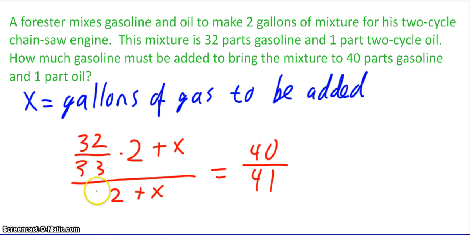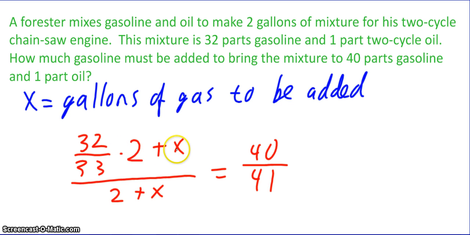So how do I set this up? Well, I know I want to get 40 parts out of 41, because I'm going to have 41 total parts since I have 40 parts gasoline and 1 part oil. So I want 40 out of 41 to be gas. Since I originally start out with 32 out of 33 being gas, if I multiply that by 2 gallons, that will give me how many actual gallons of gas I originally started out with.